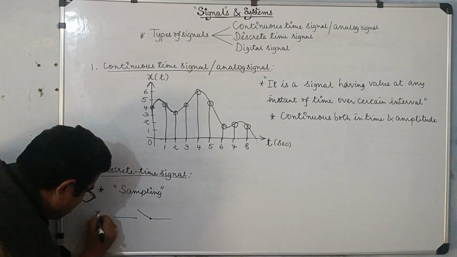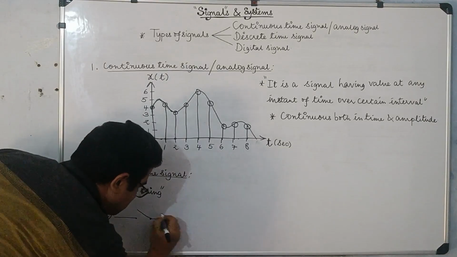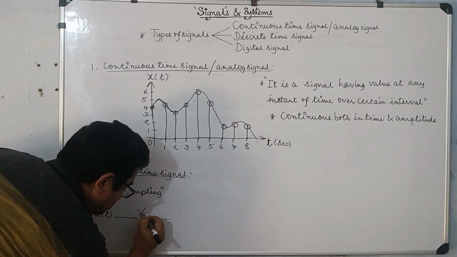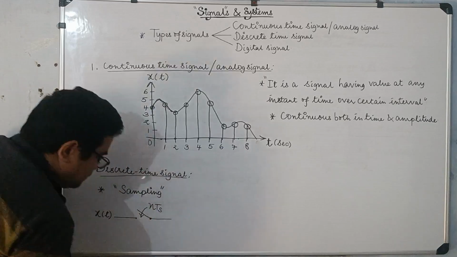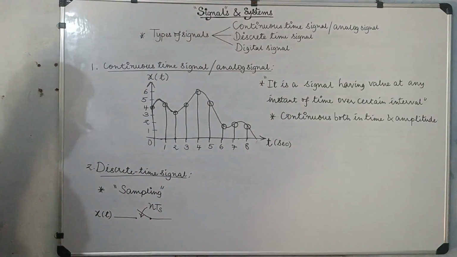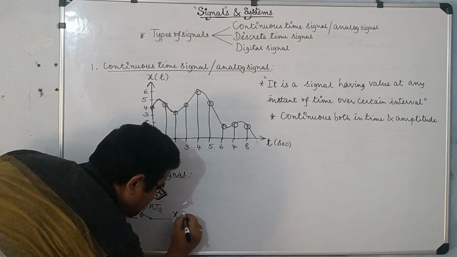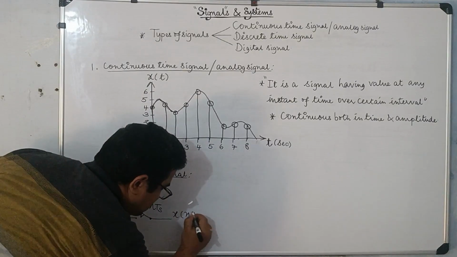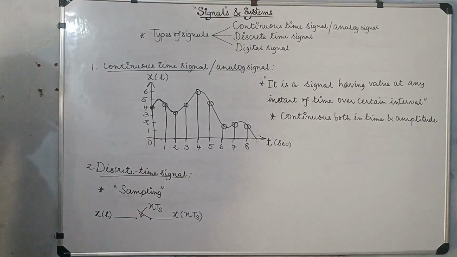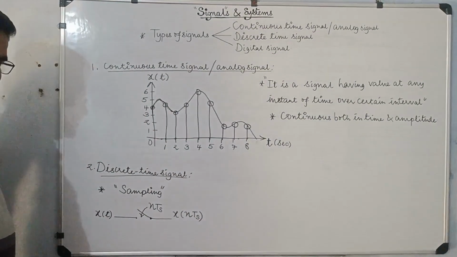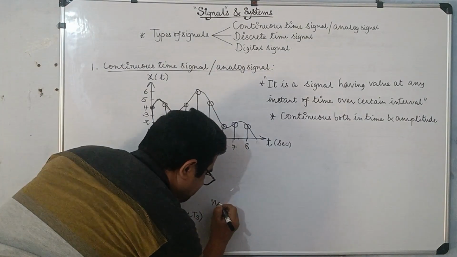So this is my continuous time signal. So the switch is closing at regular intervals of time, let us say nTs. Then the output signal is the sampled signal, which is represented as x of nTs, where small n represents the integer. Okay, so small n is an integer here.